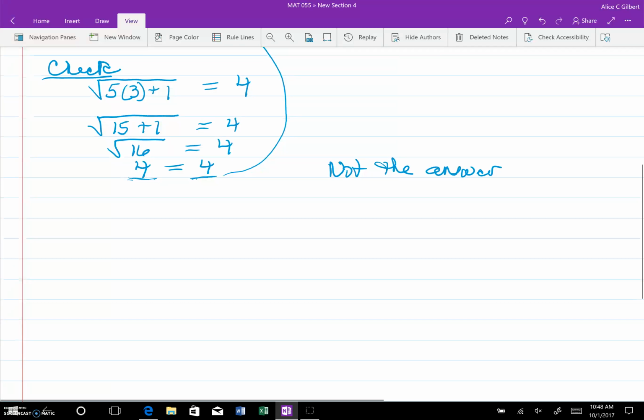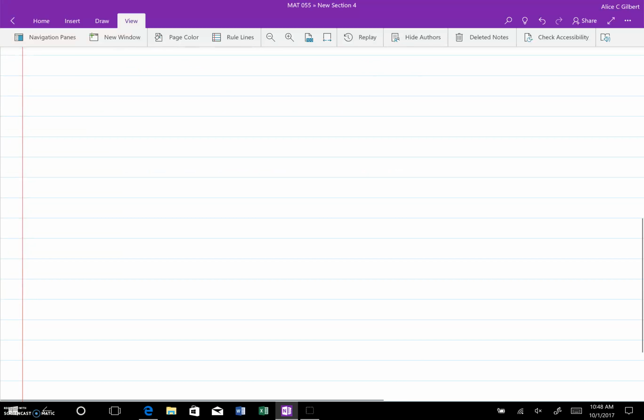Okay? Let's keep doing some more examples. Okay? So I have the square root of 5x plus 3 plus 2. Now you notice this plus 2 is not underneath the radical.